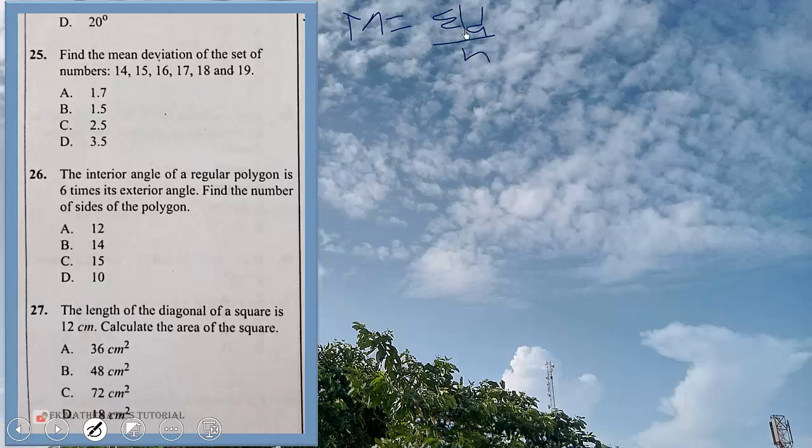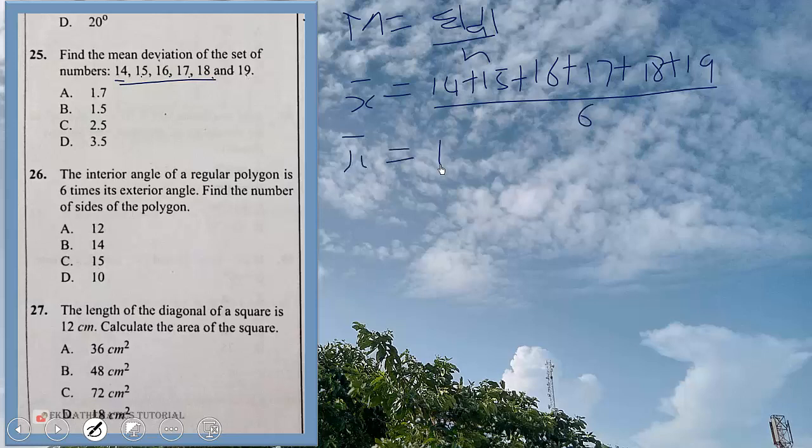So we want to first of all find the mean of these numbers. The mean is given by 14 plus 15 plus 16 plus 17 plus 18 plus 19, all over 6. And this is giving us 16.5.